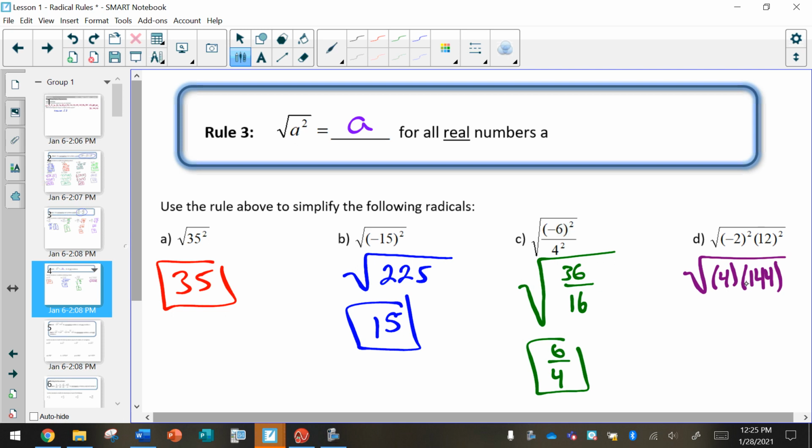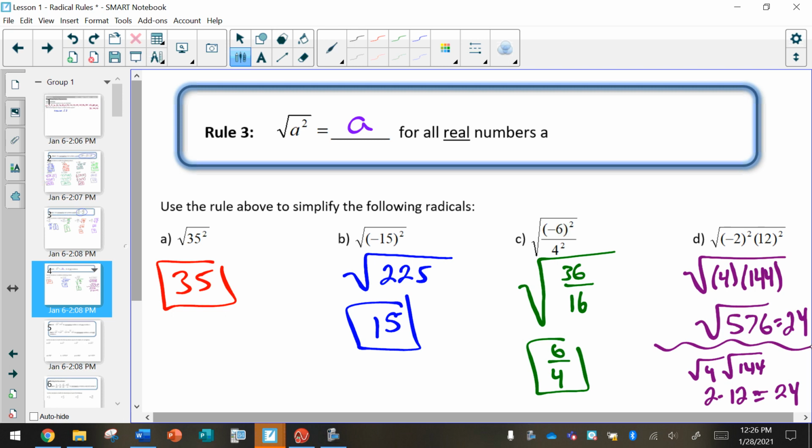So if you jumped on your calculator and did 144 times 4, then you would get 576, which is a perfect square. The other option is you could have square rooted each one of these individually, which would give you 2 times 12, which is still 24. So you could do it either way.